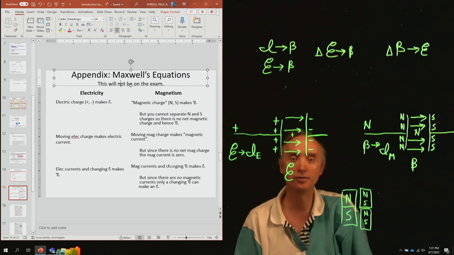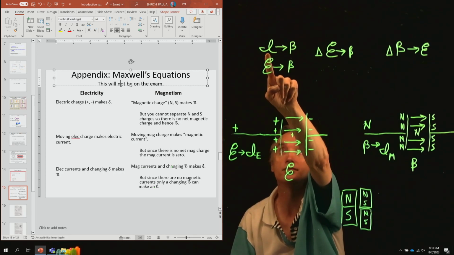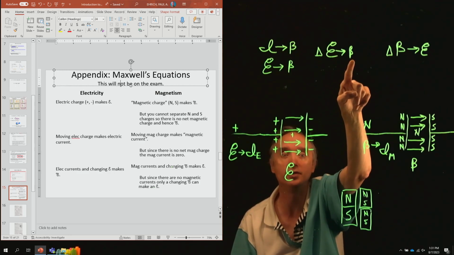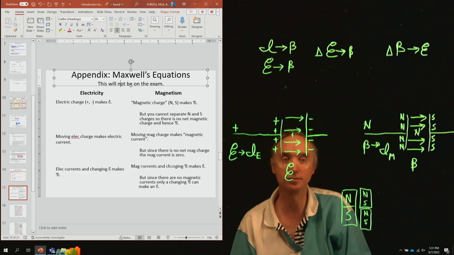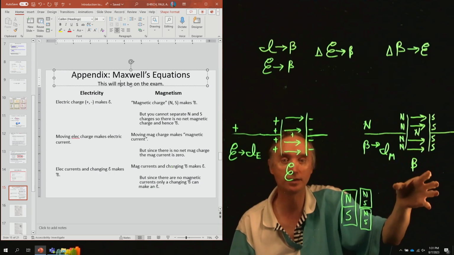And then the third statement says electrical currents and changing electrical fields make magnetism. So currents make magnetism, and also changing electric fields make magnetism. So what would be the analogous thing when it comes to magnetism?